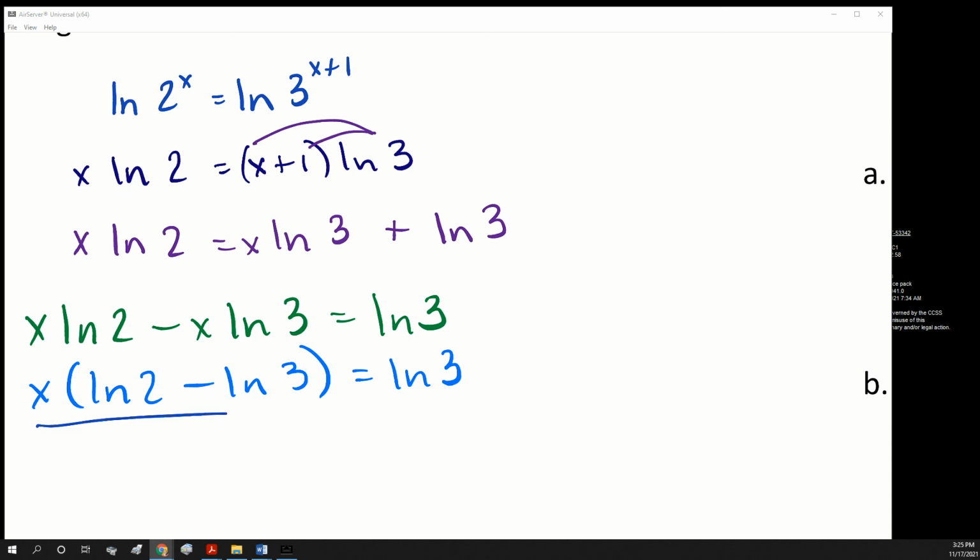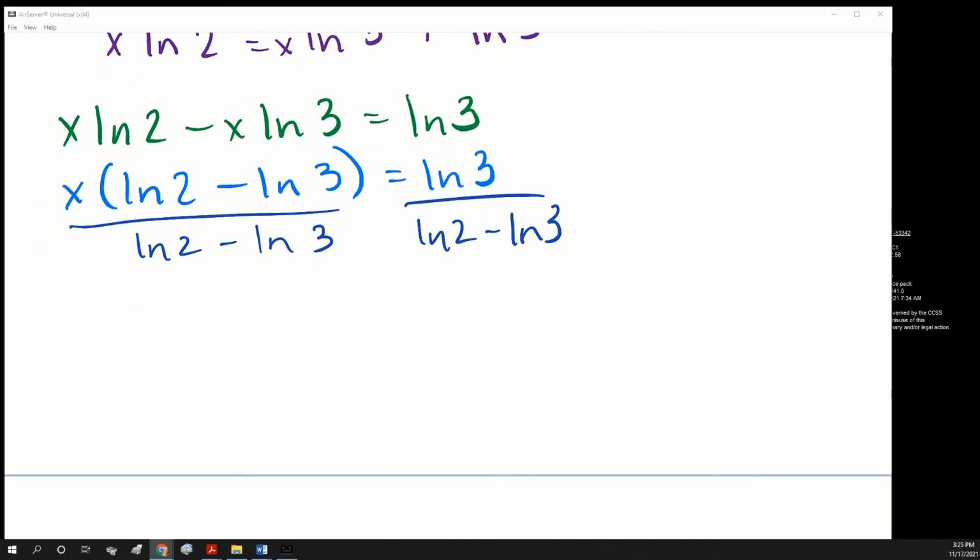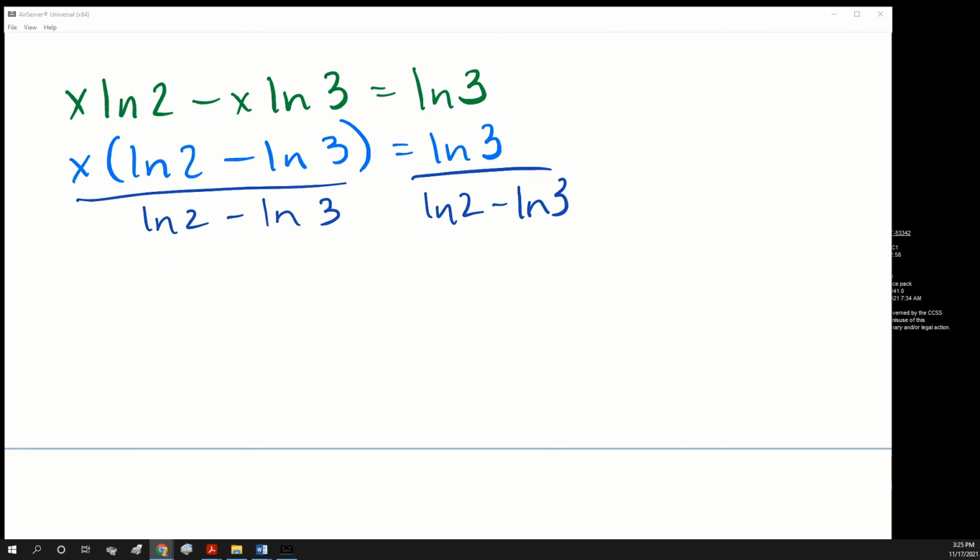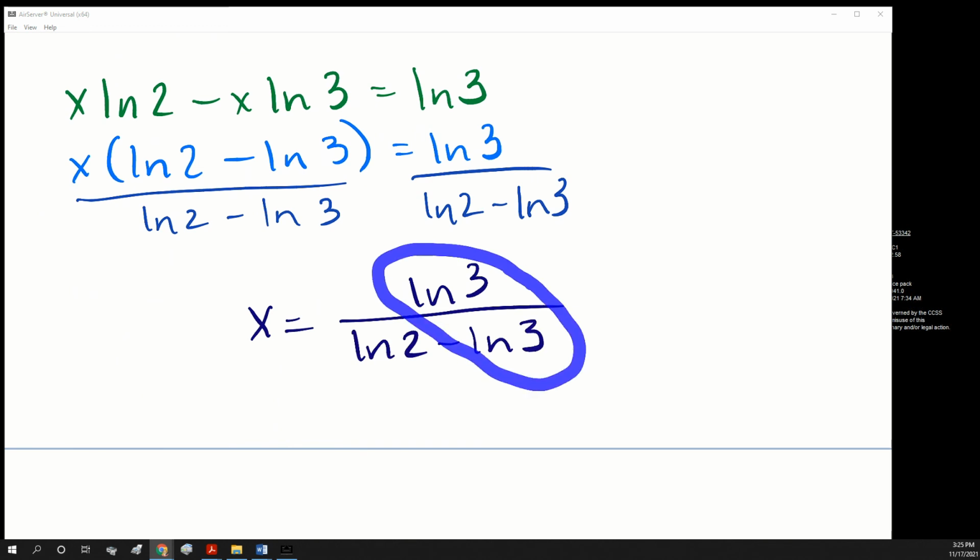And then we're ready to divide by what's being multiplied by the x, and we'll be done. Right, and we can't simplify this. Like these two can't be reduced because that minus sign messes that up. So this is it. This is the answer.